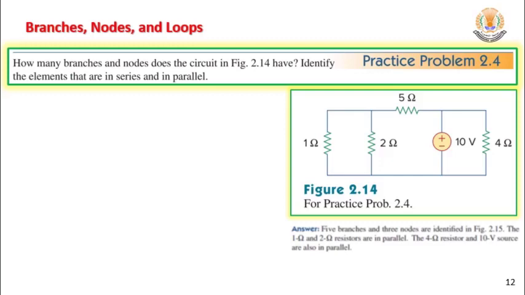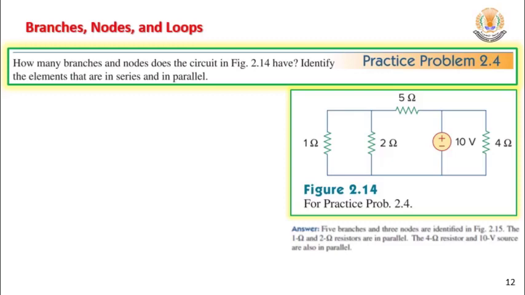This is correct, but they are already included in the other 3 loops. So don't repeat. Clear? So we have 3 loops, 3 nodes, and so n plus l minus 1: 3 plus 3, 6 minus 1 will get 5, which is the number of branches or number of elements.